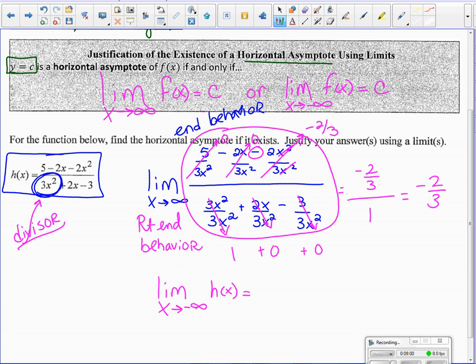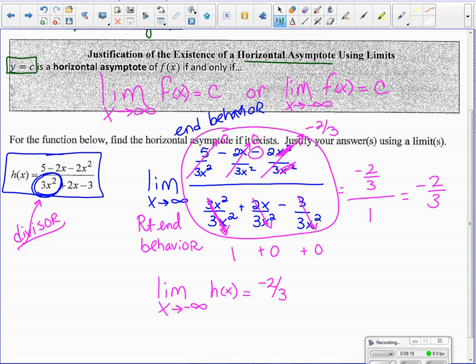We would divide by the 3x squared. And nowhere do I see an x remaining. Here, this would still simplify to negative 2/3 because my x squareds are canceling. Down here, this is going to 1 no matter what. This is bottom heavy, bottom heavy. This will end up with the same exact answer.